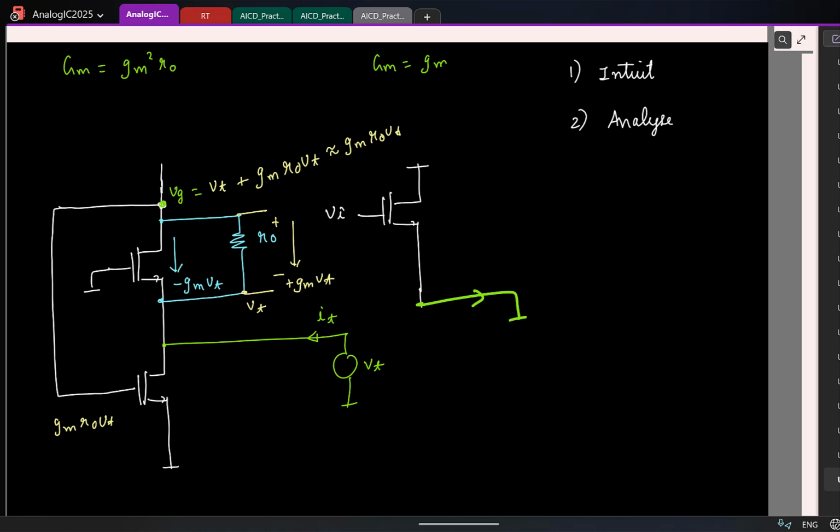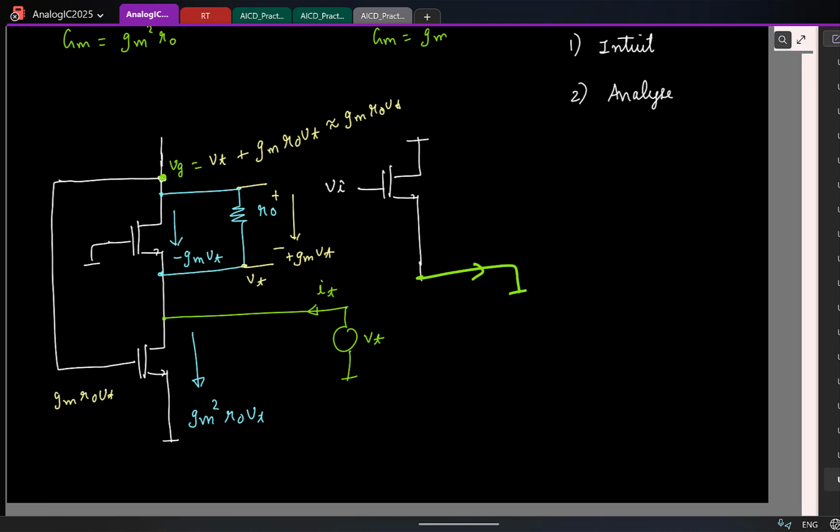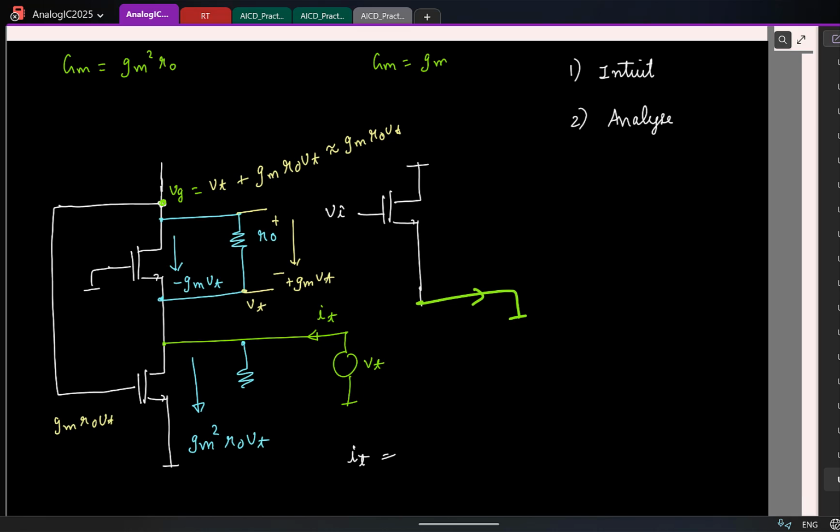What is the current then? Oops, sorry. That's again same gm square times R0 VT. So what is the test current now? Again, remember you also have an R0 here. So the test current will be this gm VGS current, which is basically gm square R0 VT plus the current flowing through R0, which is VT by R0.